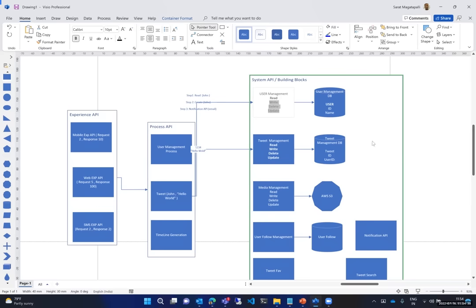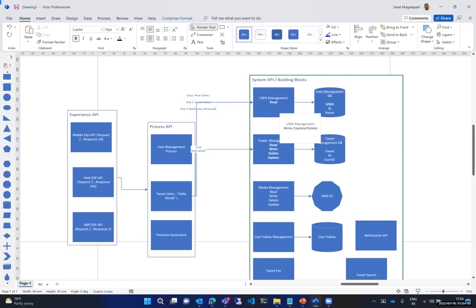I'm segregating them separately. I'll have one JVM instance which takes care of read, and another JVM instance which takes care of write, update, and delete calls.